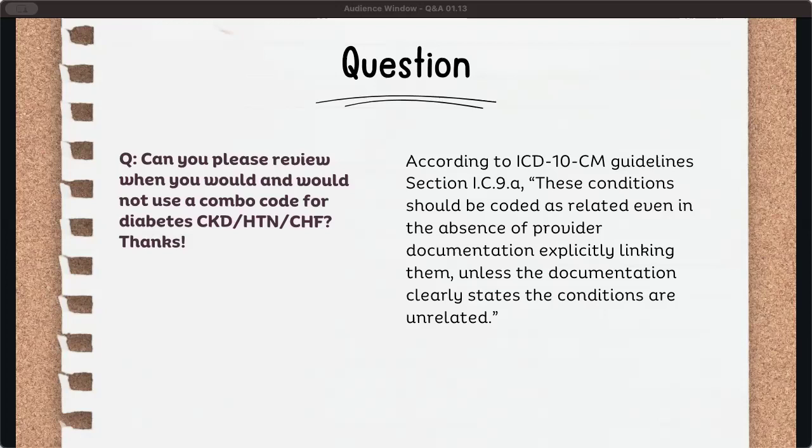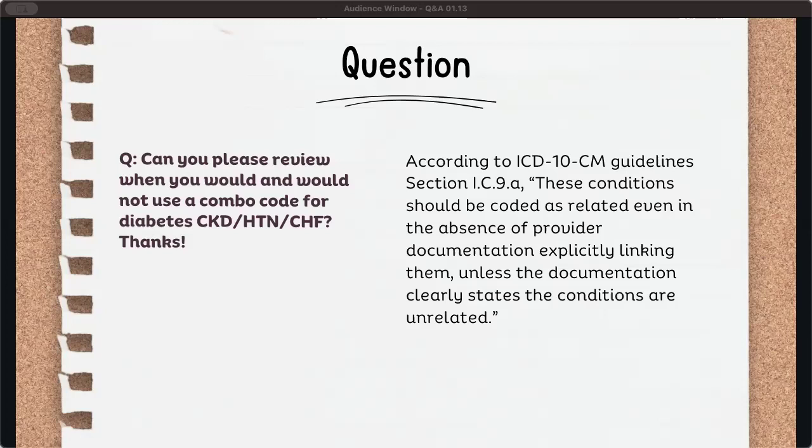But when it comes to diabetes, there is another guideline within ICD-10. I'll have to get the section in the chapter for you guys for that. But in your alphabetic index, unless the doctor specifically states that they are not related, you are able to code them together. That's because in your alphabetic index, there is an entry underneath diabetes and then kidney complications or circulatory complications or something along those lines.